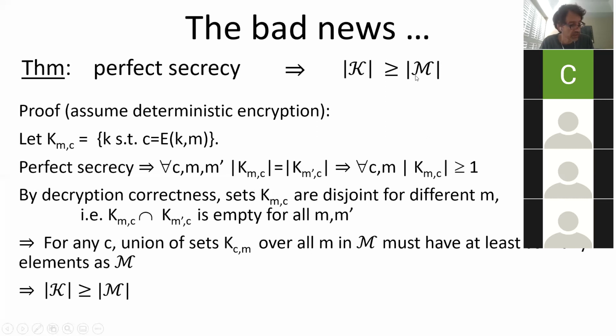So here is what this also shows: if somebody gives you an encryption scheme and somehow the number of keys is less than the number of messages, then you can immediately say this is not a perfectly secure encryption. It cannot be because of this implication.